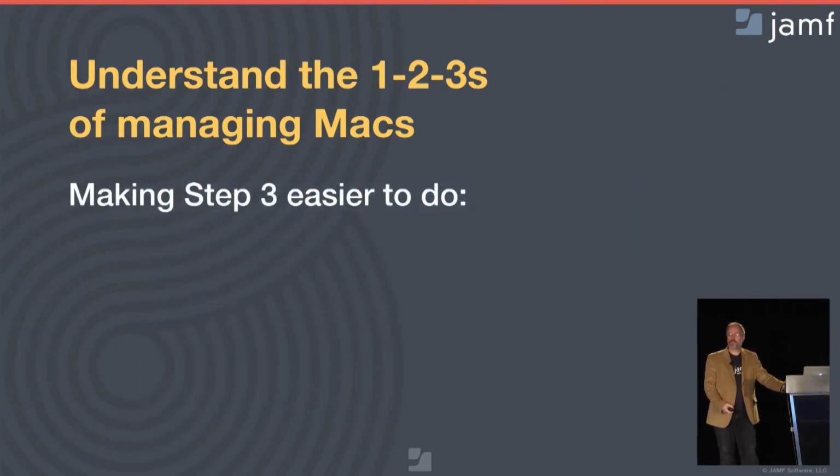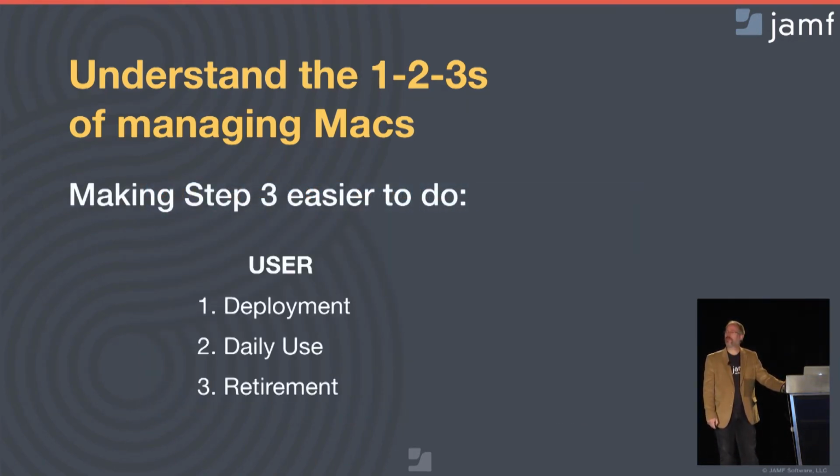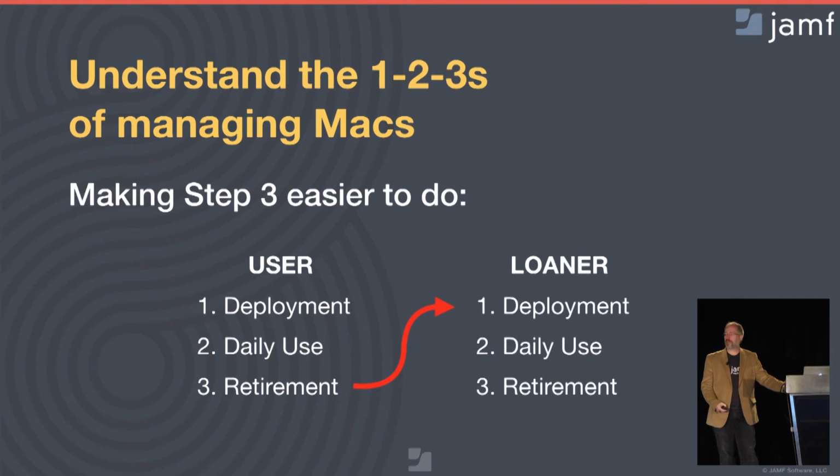So something else we can consider is making our final step 3 the initial step of another cycle. So for example, the life cycle of a Mac laptop may be about 3 to 4 years, but it still has some value and there's some use left in it. Retiring it from daily use by a user is an ideal time to go ahead and redeploy it for occasional use as a loaner.